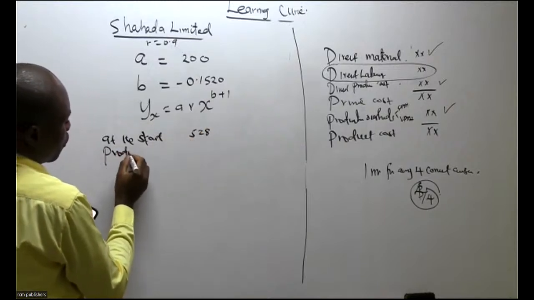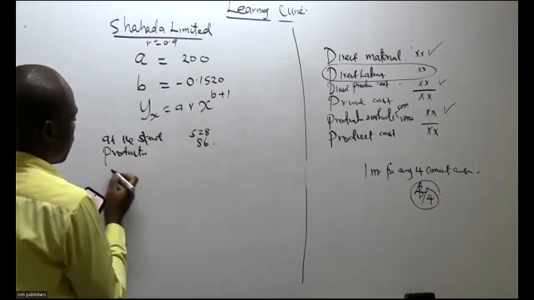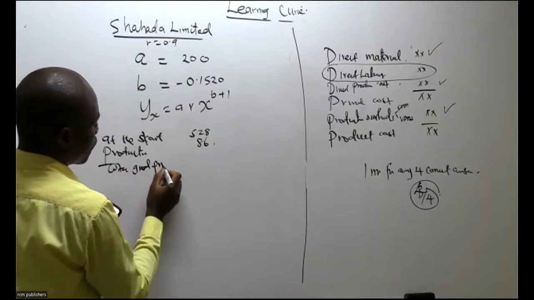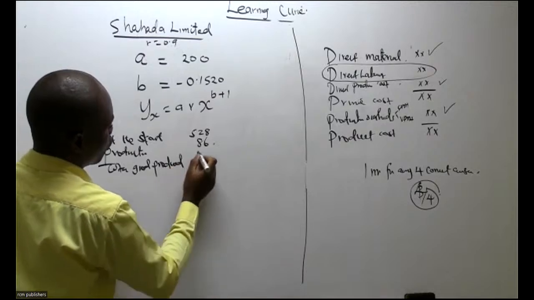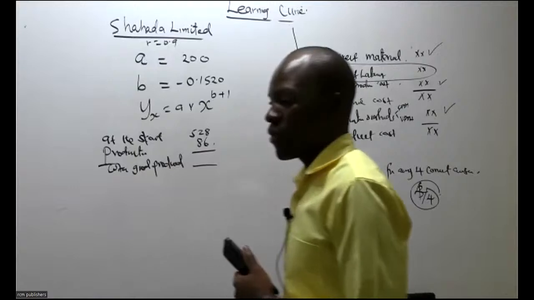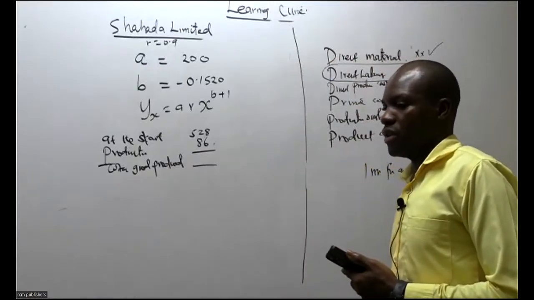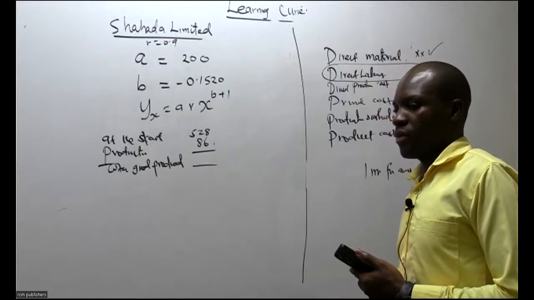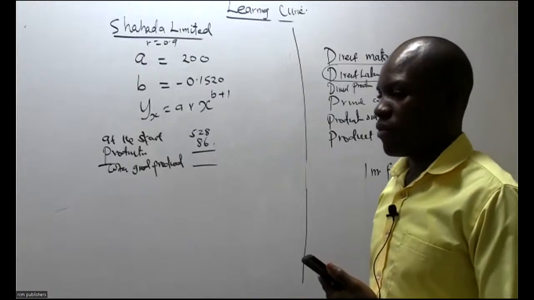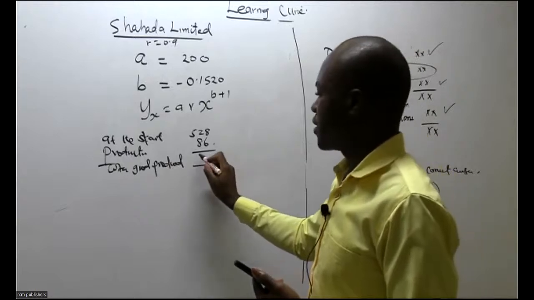Production during the period, we have 86. Total goods produced so far will be equivalent to how many units? If we add, 614.